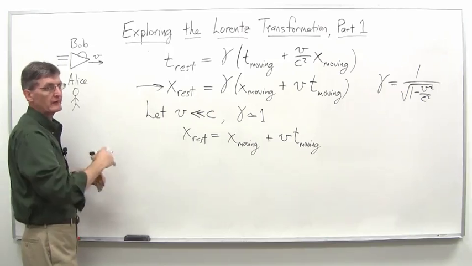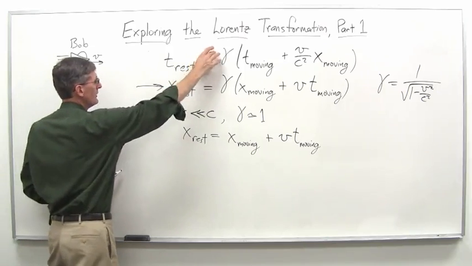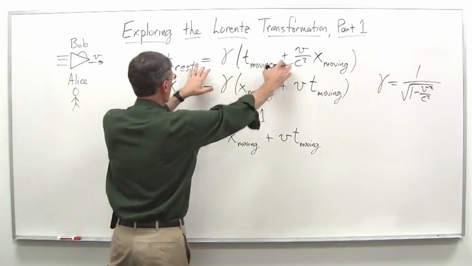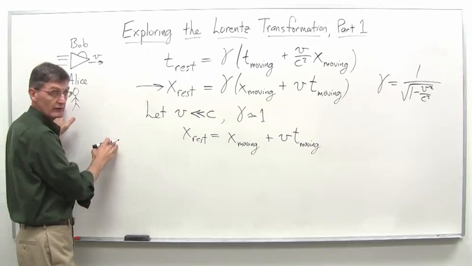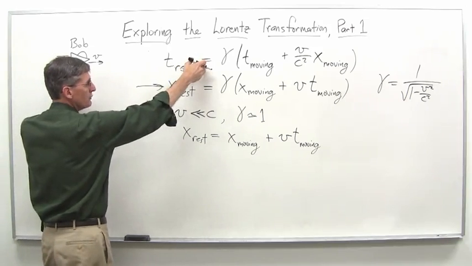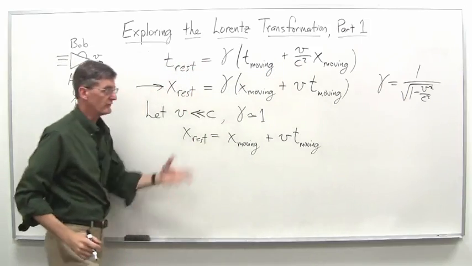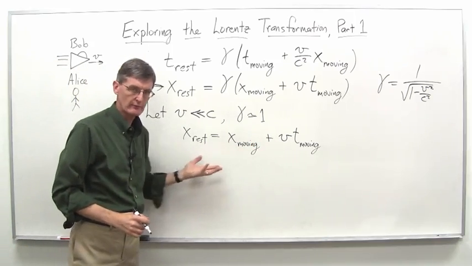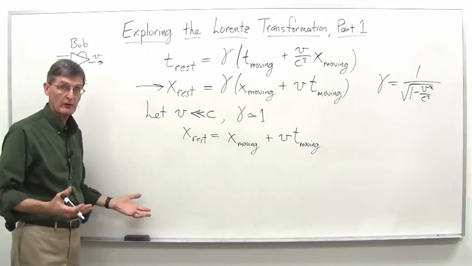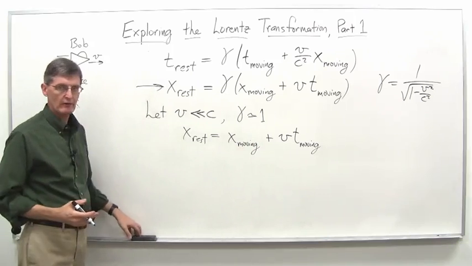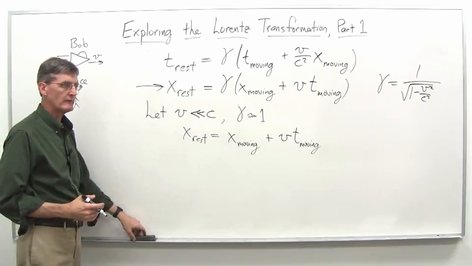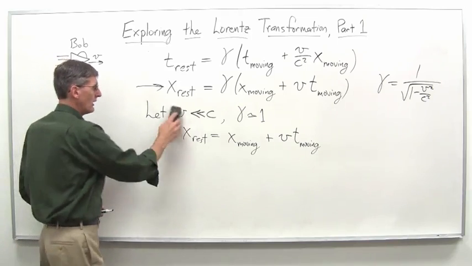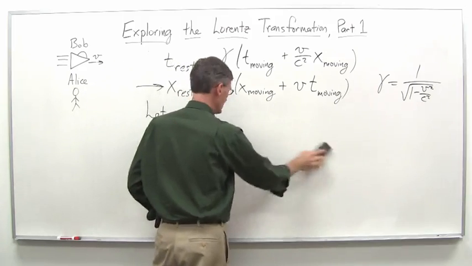And so if he measures something, say at 23 out here on his lattice of clocks, his measuring system, but he's also moved a certain amount, then the distance to Alice, the x in the rest frame, is the amount Bob has moved plus the amount he measures out to 0.23 on his measuring system. So that's a basic Galilean transformation, and that checks, because we know it works in our everyday experience when velocities are much less than the speed of light.